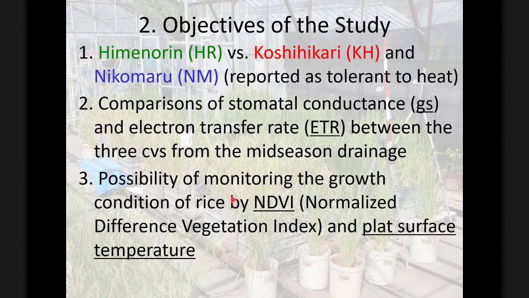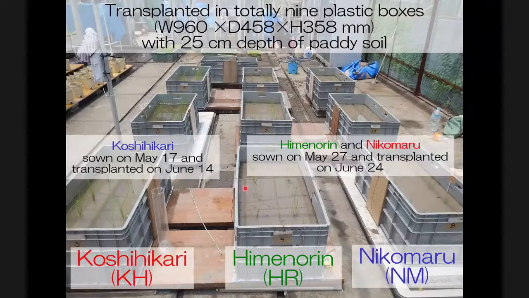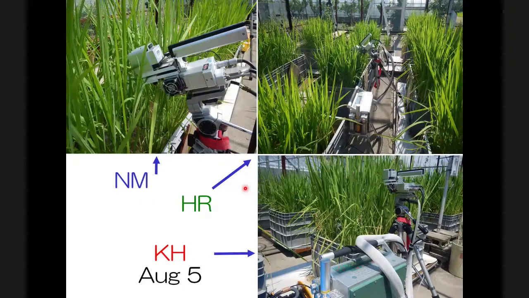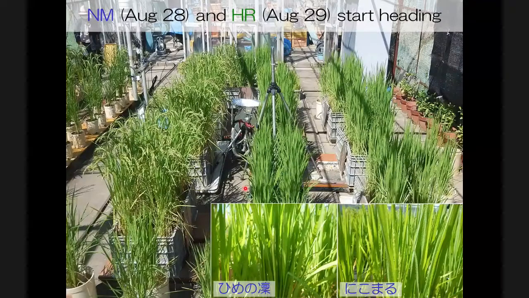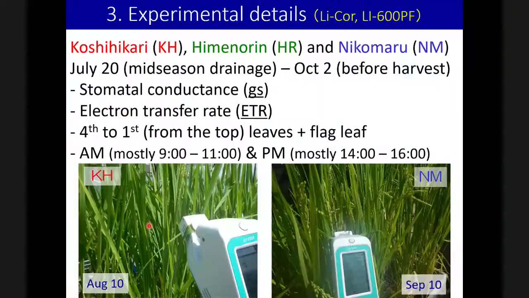The experiment was conducted using boxes like these. Rice of the three cultivars was planted in the boxes, and then I measured photosynthesis, stomatal conductance, and other parameters, as I show later. Stomatal conductance and ETR, the electron transport rate, which is closely related to the photosynthetic rate, were measured by this instrument, mostly every day.